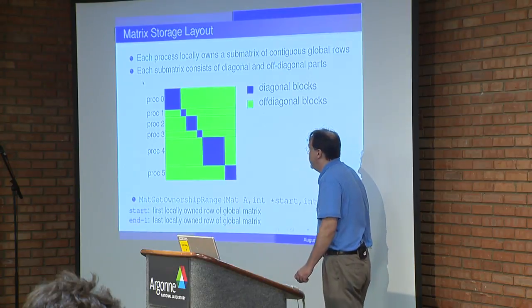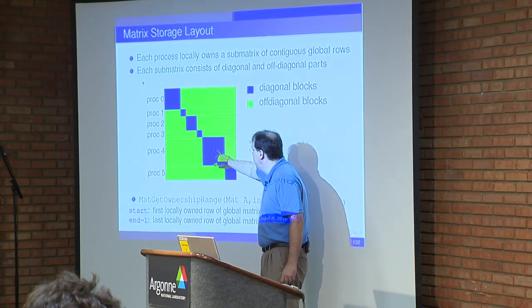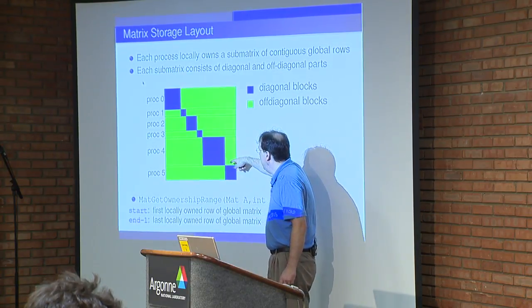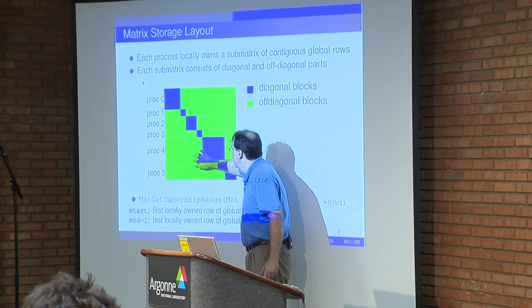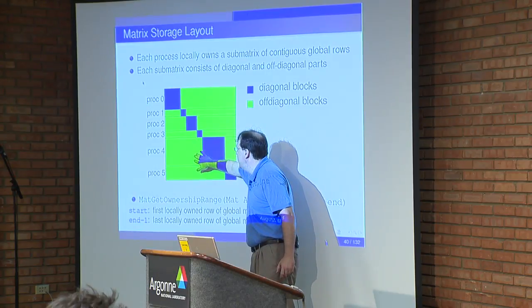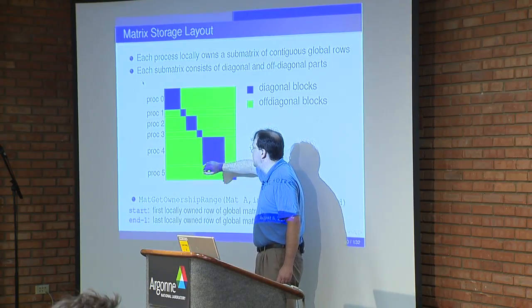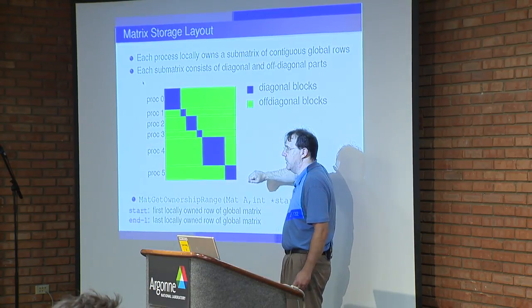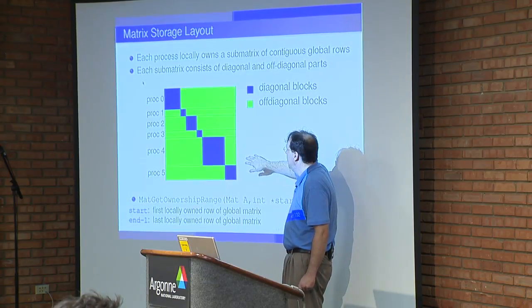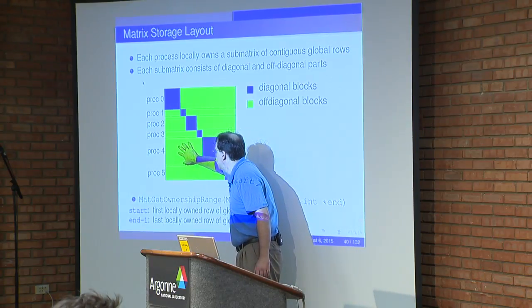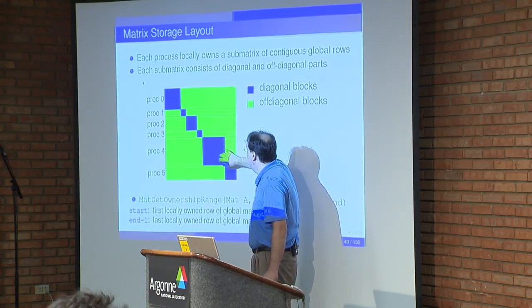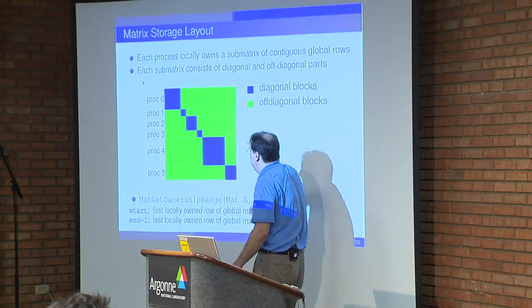Now for PDEs, the diagonal part generally has most of the values, and this part has very few values, because this part represents the coupling in the matrix between this MPI process and all the other MPI processes. So if you've done a good partitioning of your mesh, there's not very much coupling, which means most of these values are empty, and most of the numerical values are in that part.